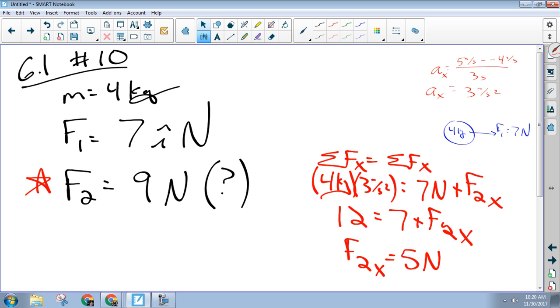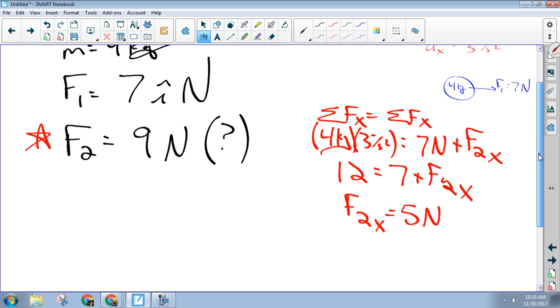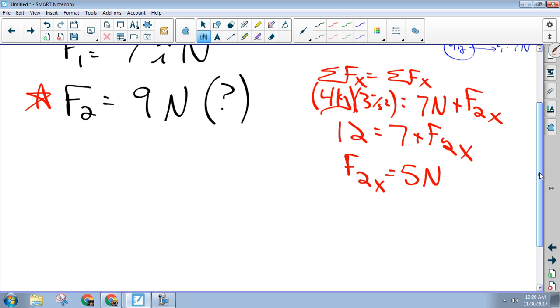Oh, and I also know the magnitude of F2, right? So now I can figure out the y component. Just ask for angle. Or actually, I don't even know if you have to do that, right? Yeah, all you need is the angle. So I know that my F2x is 5 newtons, and I know the hypotenuse is 9 newtons. I don't know whether it goes up and forward or down and forward, but it's arbitrary, right? You guys see what I mean? It doesn't matter, because whether I draw up or down, I'm still going to find the same angle.